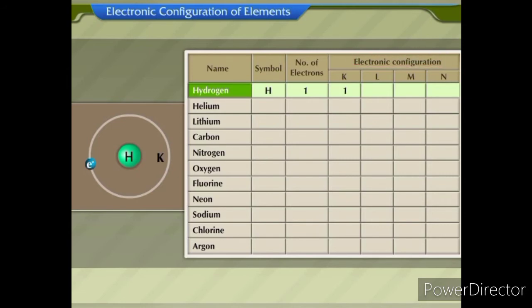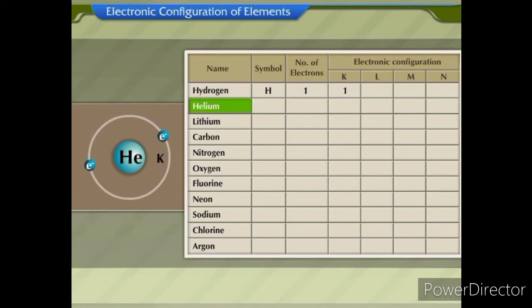Since it has only 1 electron, it will occupy the K shell. The next element is helium. Its symbol is He. It has 2 electrons. The electronic configuration is also 2. Both these electrons will occupy the K shell.